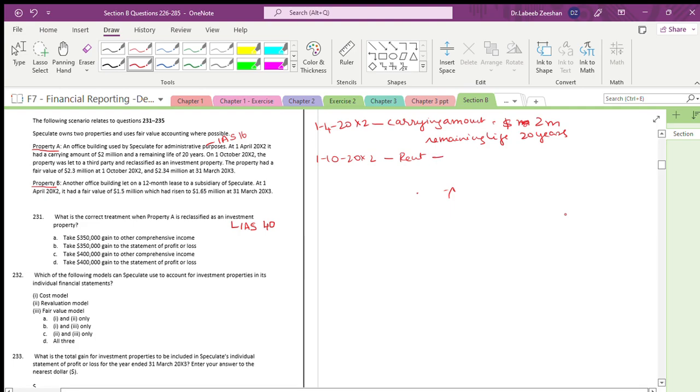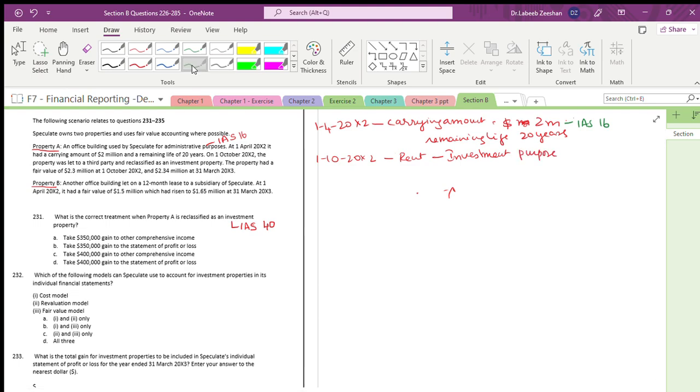Reclassified means that earlier they were using it for office purposes, which is IAS 16. Now they are using it for investment purpose, so the standard will change. IAS 40.